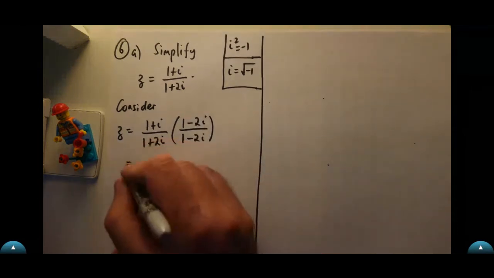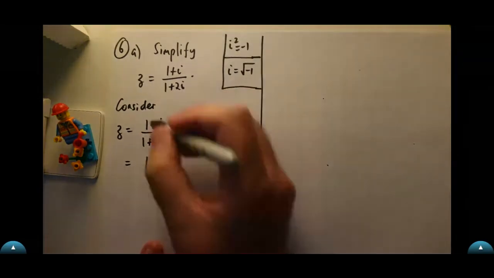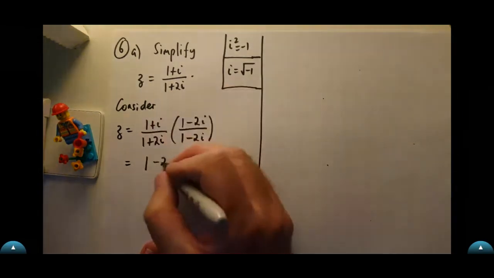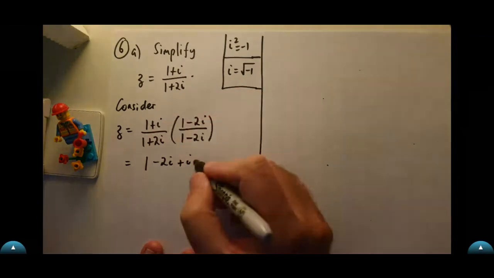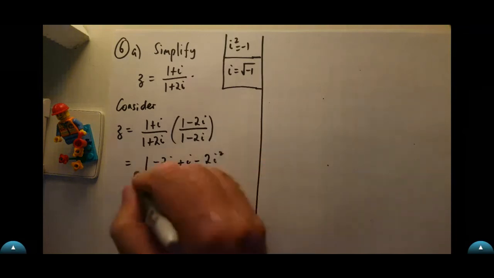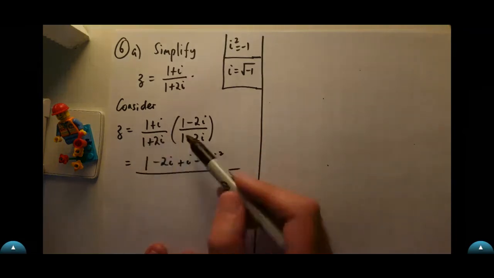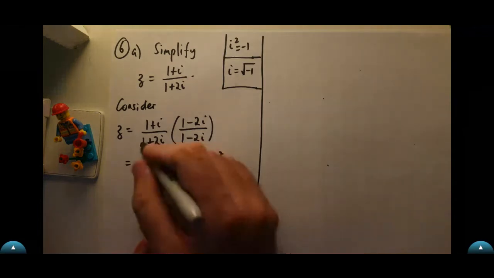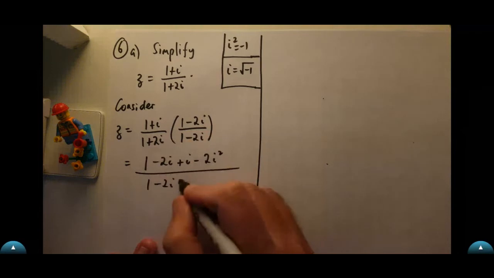Okay, and so here we can just expand it normally. So you're going to get 1 minus 2i plus i minus 2i squared. And down the bottom, you've got a complex number times its conjugate, right? So again, you'll see some nice cancellation here.